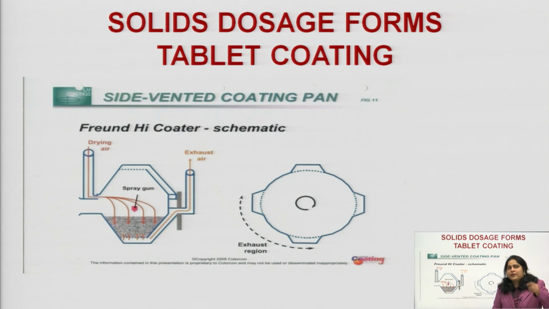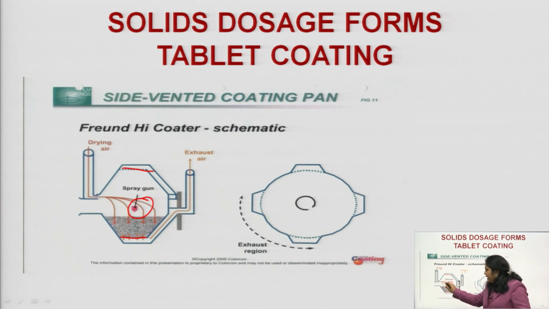Then the next modification was the Hi-Coater pan. Here it is a side vented coating pan. Again there is a simple modification. The pan was again perforated from the sides and it was rotating. There was a spray gun, and we can change the position of this spray gun according to our needs.